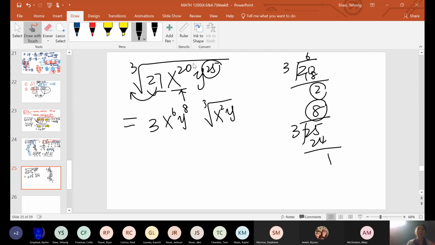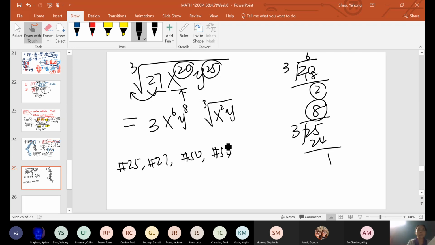So 20 divided by 3 gives you 6 triples, and 25 divided by 3 gives you 8 triples, but you will have 2 left over of X and 1 Y left. All right, with these, you should be able to do homework 25, 27, and 50, and 54. Number 54, okay.